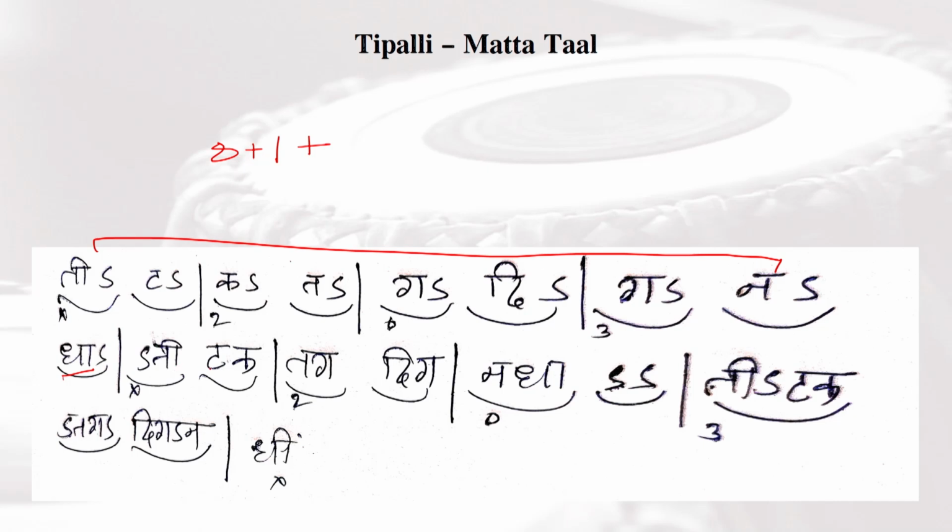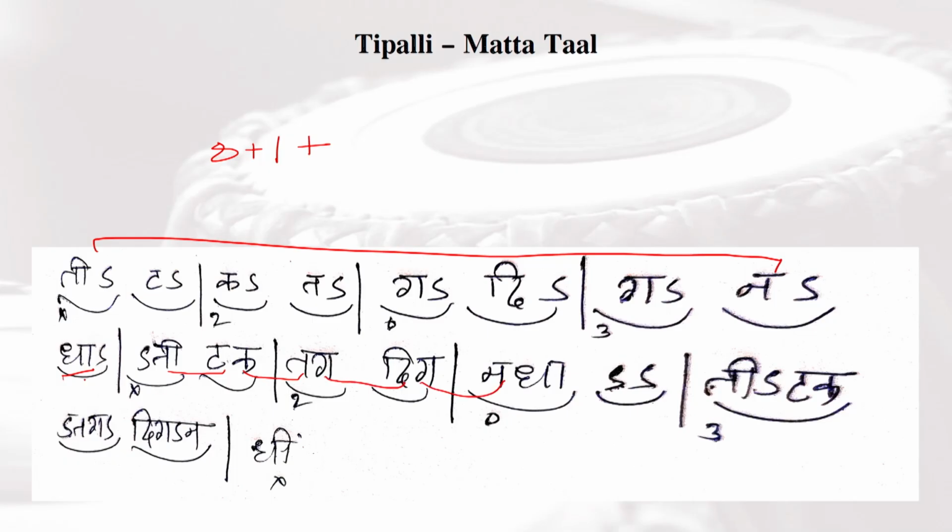And Ti, Taka, Taga, Digana, Da. So 1, 2, 3, 4, 5 again. Actually, it's not 5. You can see here Ti, Tita, Kata, Gadi, and Gana.